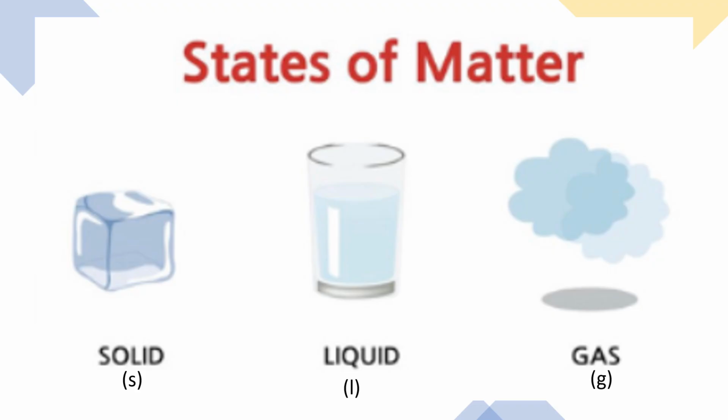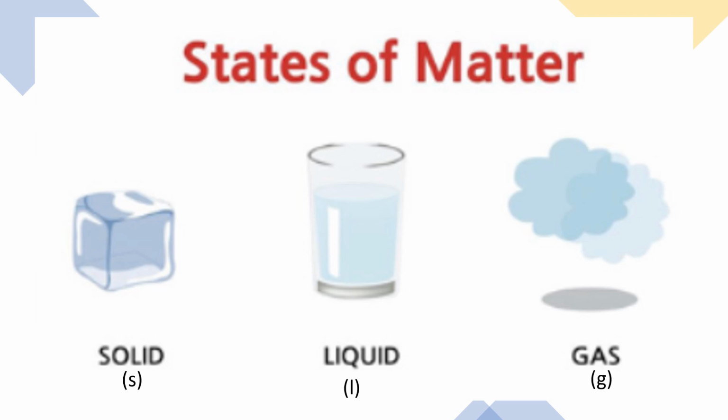The third concept associated with thermochemical equations is the states of matter. We have here the solid, symbol S, liquid, symbol L, and we have the gas, symbol G. You can find these symbols on the lower right of the substances in a chemical reaction.